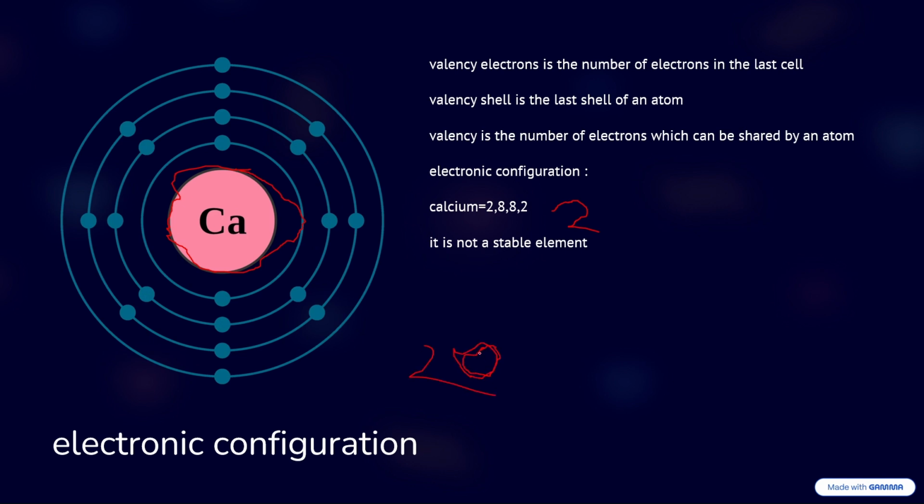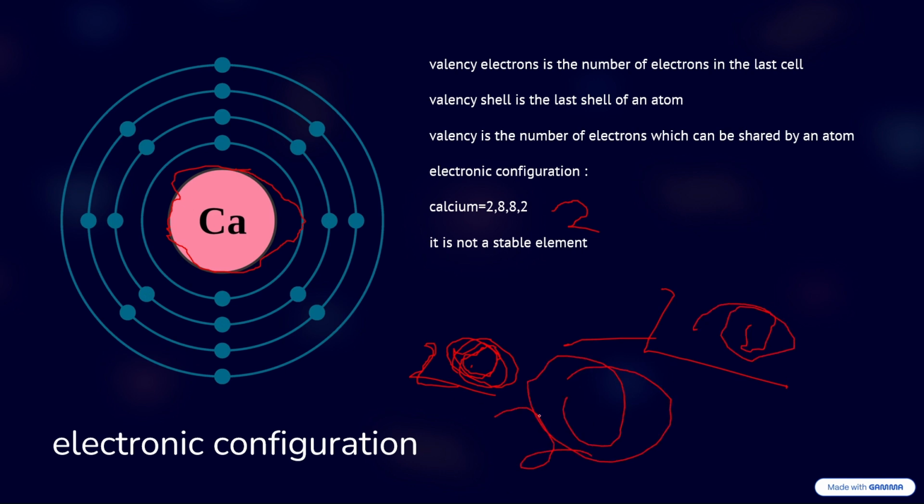If the atomic number is 20, then protons will also be 20, and if protons are 20, then electrons will also be 20, as it is a calcium atom. It's not an ion. I will explain what an ion is later.